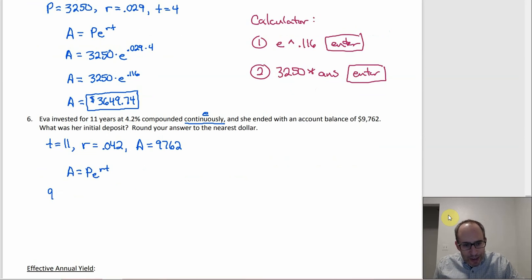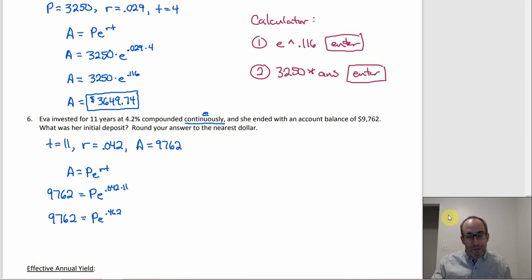And we know A is 97.62. Solving for P, e is raised to the power of 0.042 times 11. 0.042 times 11, let's see, 420 and 42 is 462. So 97.62 equals P times e to the 0.462.